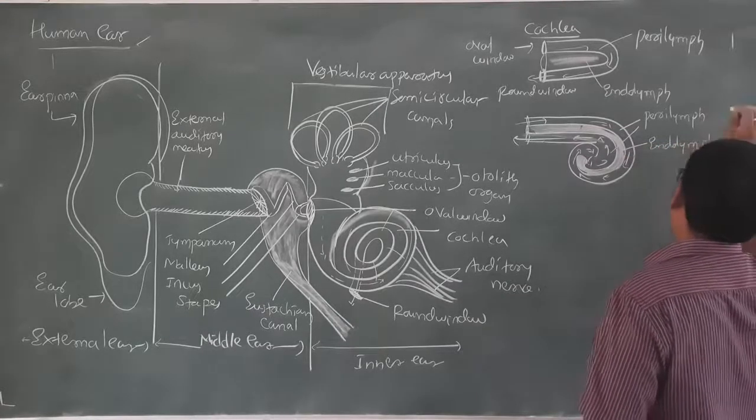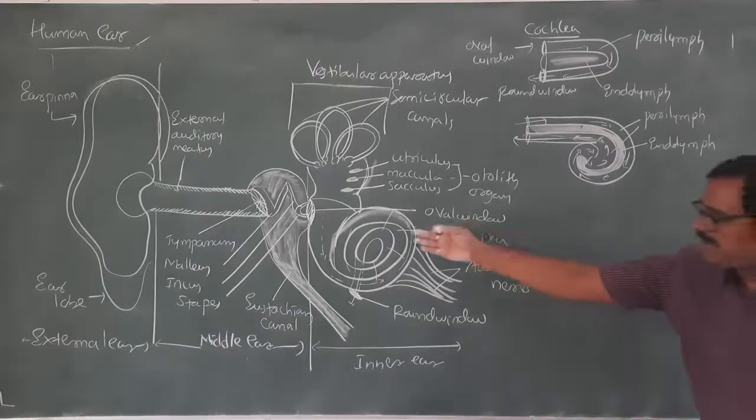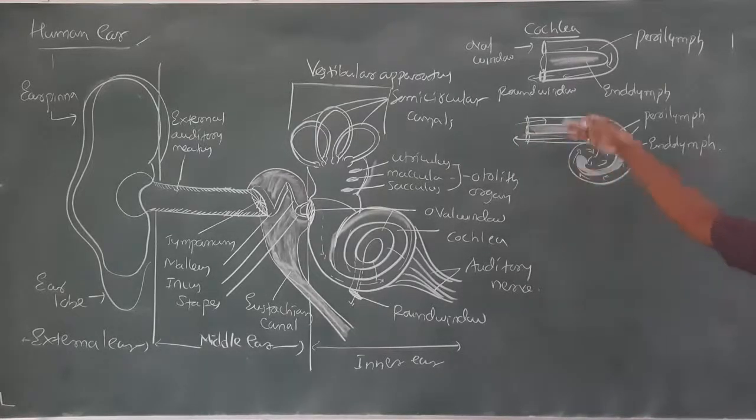Is it clear? If it is a coiled tube, we uncoil it, we can find it like this. Sound is going in mainly by the oval window. It is circulating and coming out. While moving, it will move the fluid and also move these membranes.